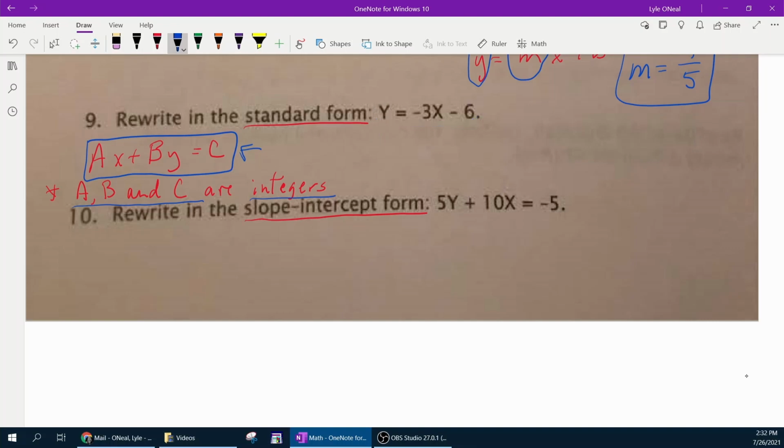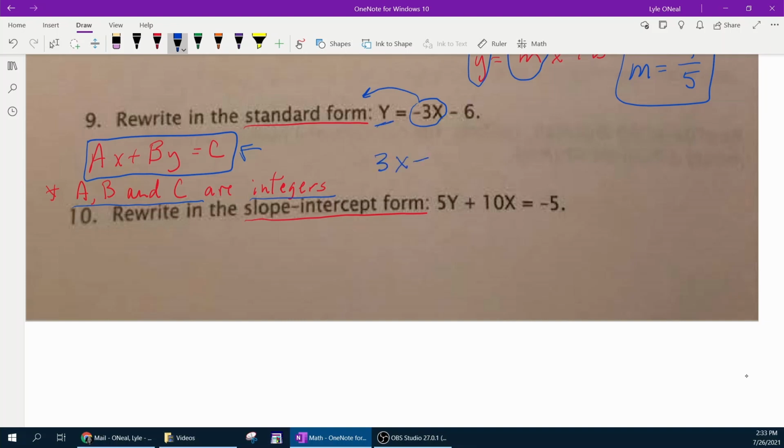All we have to do is take the -3x term and move it over. Now, anytime that you bring a term across the equal sign, it will change sign. So our -3x will become +3x.